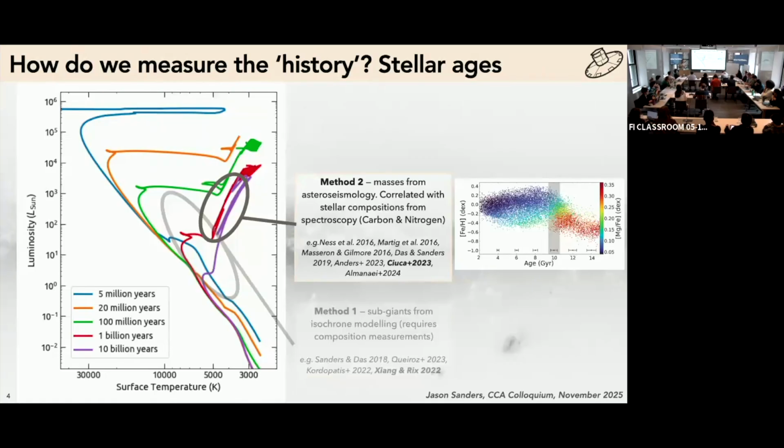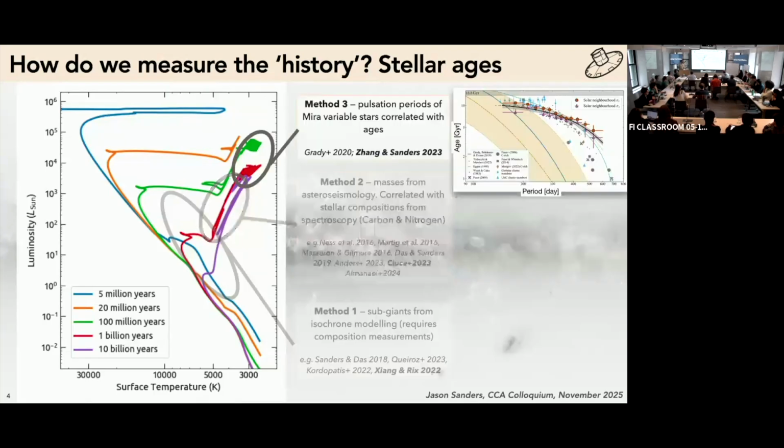And the surface abundances of carbon and nitrogen are highly mass dependent, and mass dependence then gives you age sensitivity if you're on the giant branch. So this has been done here. This is work from Joel Ness, where again, we've got an age metallicity diagram. And you can see it has some of the similar features to the diagram that's no longer there. But essentially, it's another way to probe the age structure of the Milky Way.